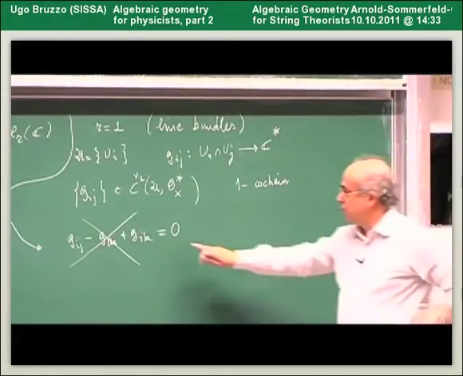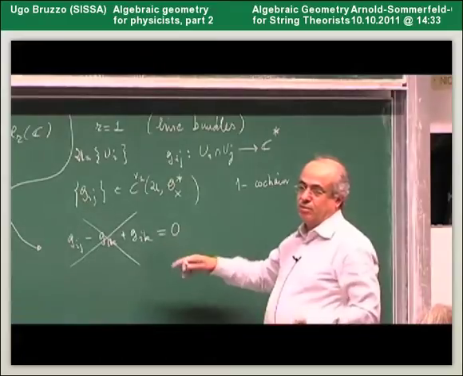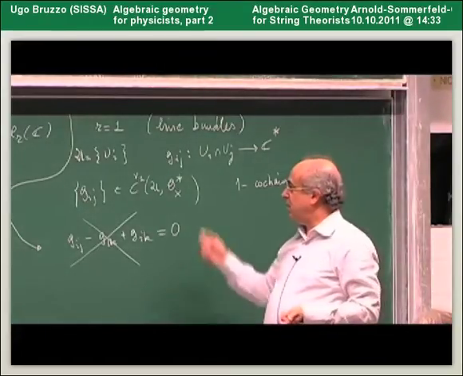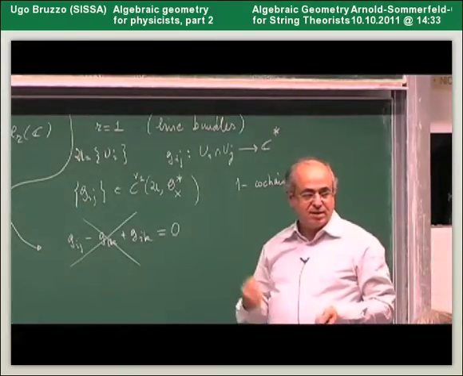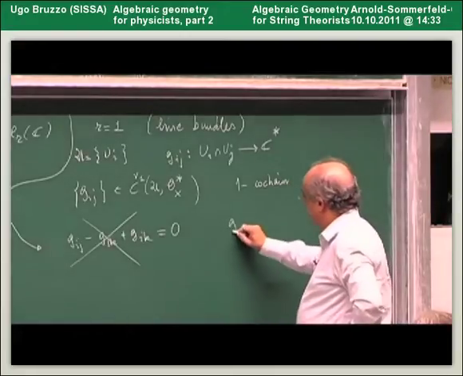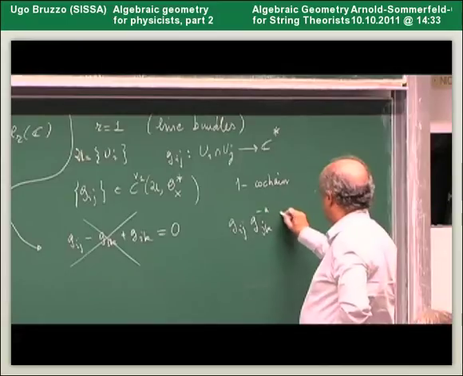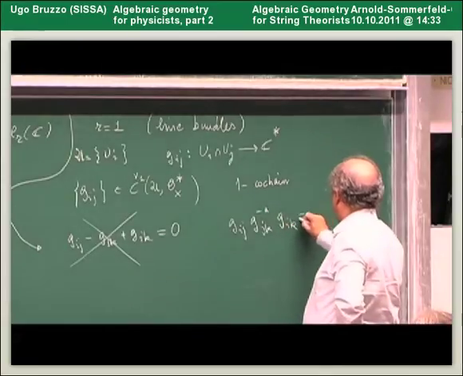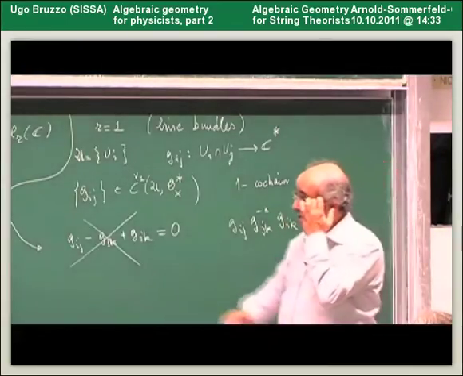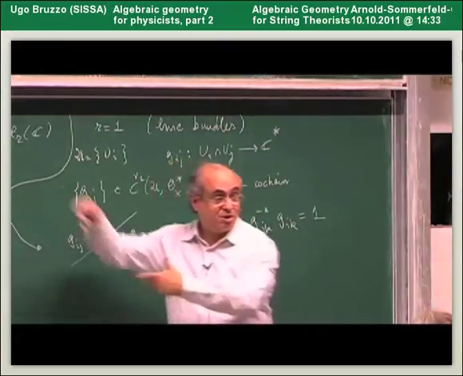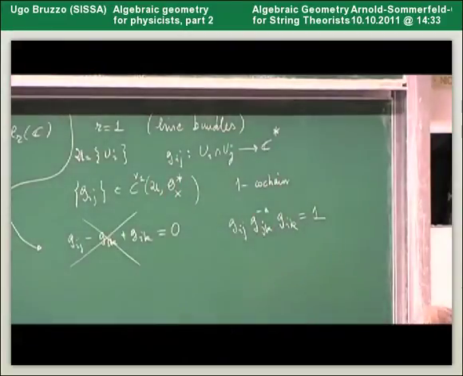And therefore, in order to write down the fact that our cochain is closed under the Čech differential, I should rather write something like this. And this is exactly the cocycle condition with some changes in the way I have written it.